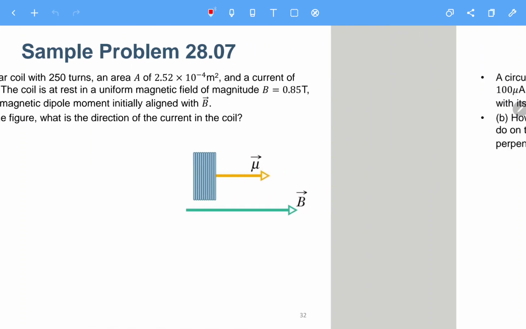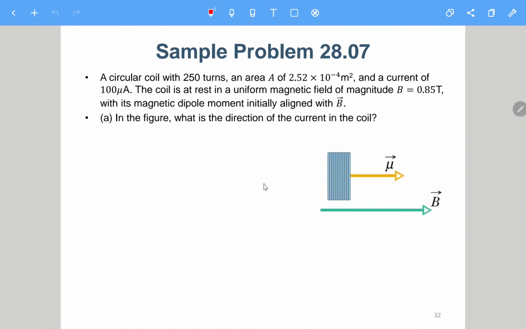Okay, so let us finish this sample problem, then we can have a break. It says a circular coil with 250 turns and area A, which is this value, and a current of 100 microamps.